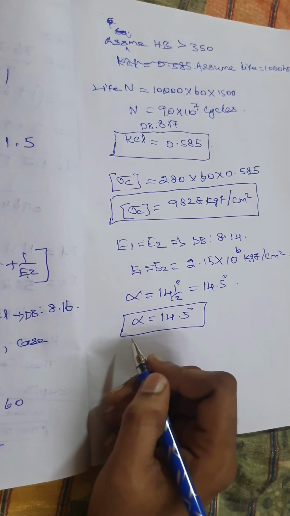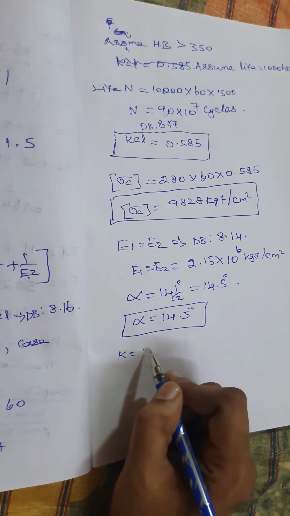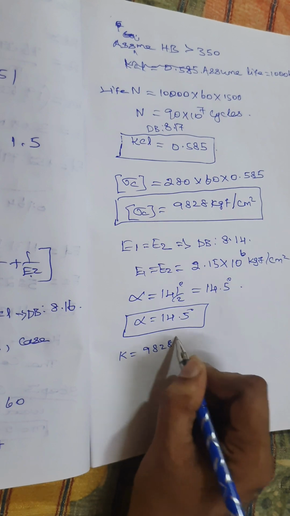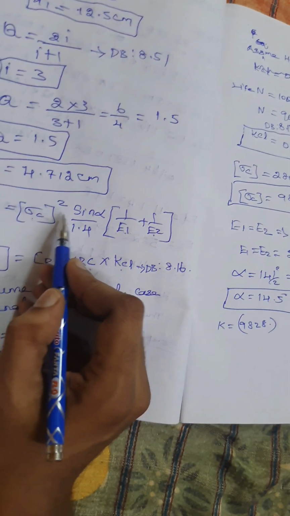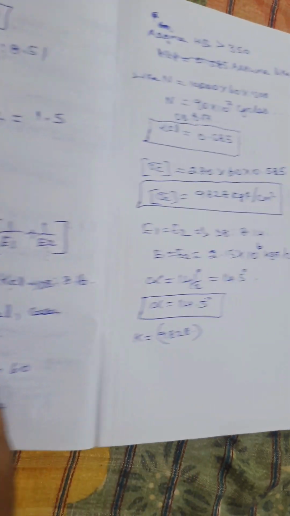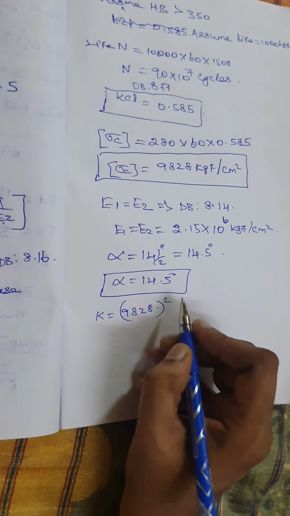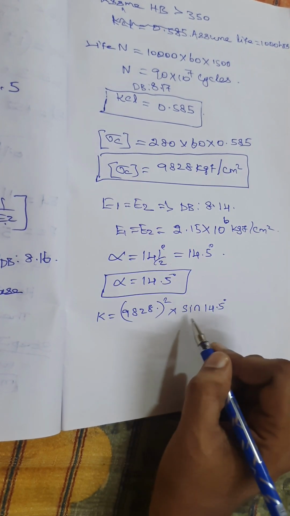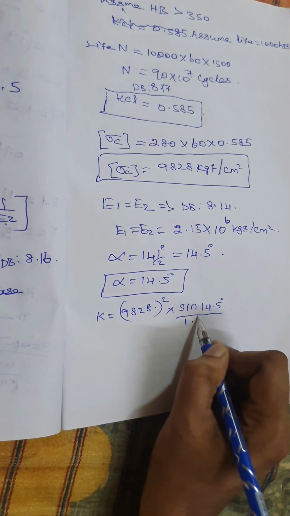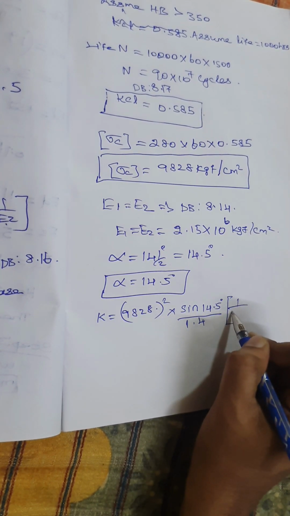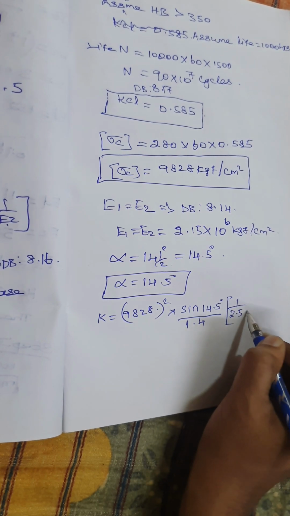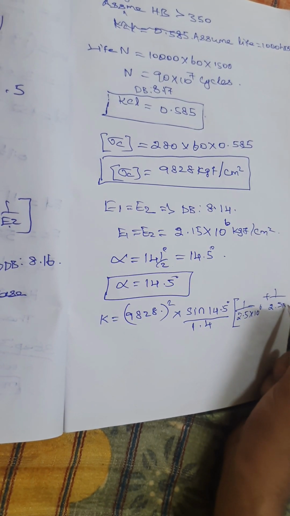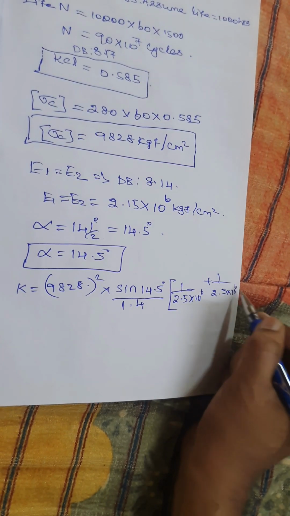Now we can easily calculate the value of K. For calculating, sigma c is 9828 squared, because sigma c is squared here, into sine 14.5 degree divided by 1.4, times 1 by 2.15 into 10 to the power 6 plus 1 by 2.15 into 10 to the power 6.